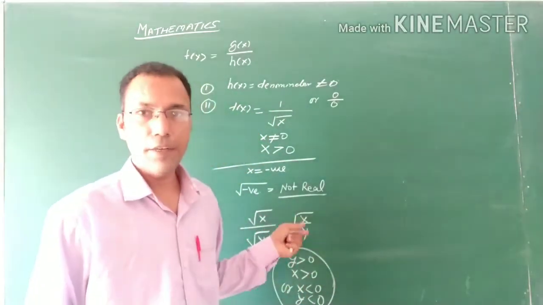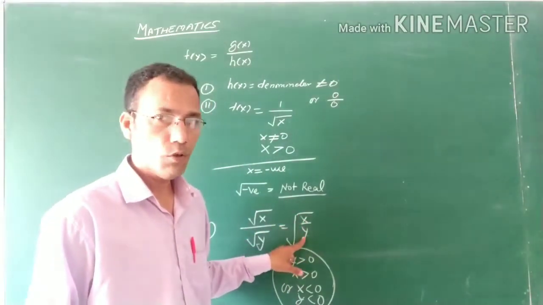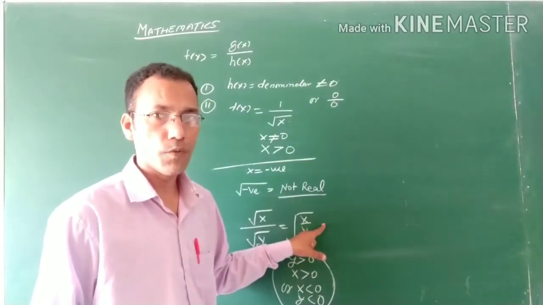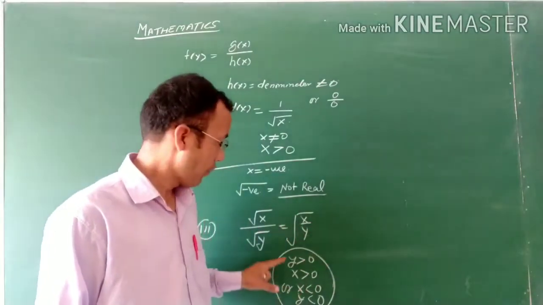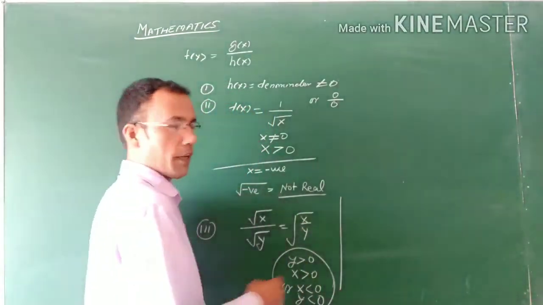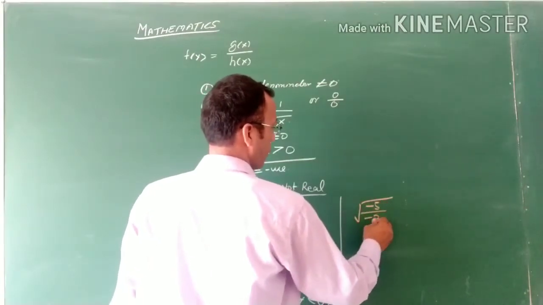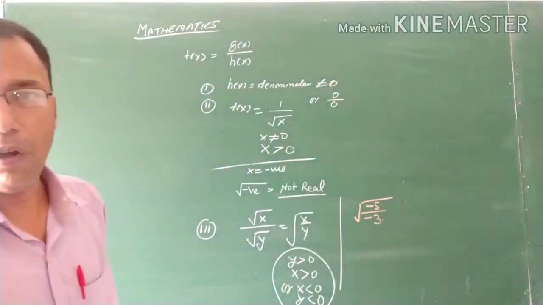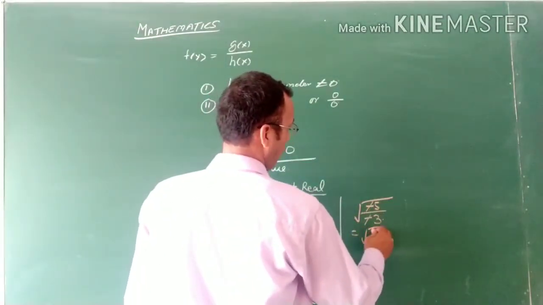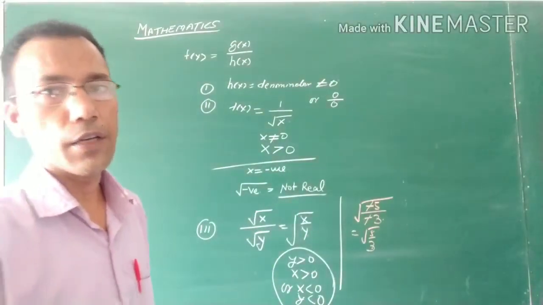If both are greater than 0, then the answer will be greater than 0, that means a positive number. If both are negative, for example under root minus 5 upon under root minus 3, then it will also be positive. The negatives cancel out, and this is under root 5 upon 3. So that is another case for the domain and range.